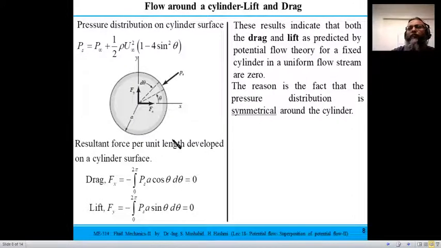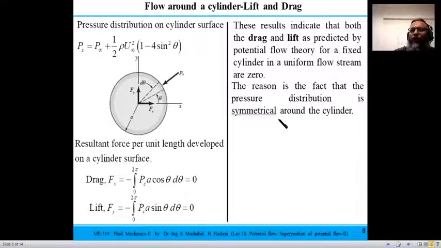The mathematical reason is the forces are in such a manner that the upward force is balanced by the downward forces, the rightward force is balanced by the leftward forces. This is due to the symmetrical distribution of the pressure, so the resultant force would be 0. That is due only to the pressure.